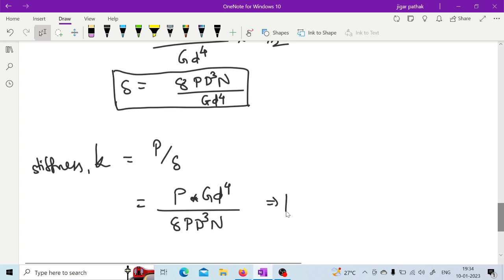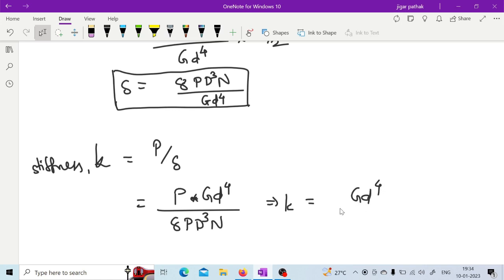So basically K is given by GD raised to 4 upon 8 D cube n. So this is your stiffness, and this is how you have the stiffness as well as the deflection.